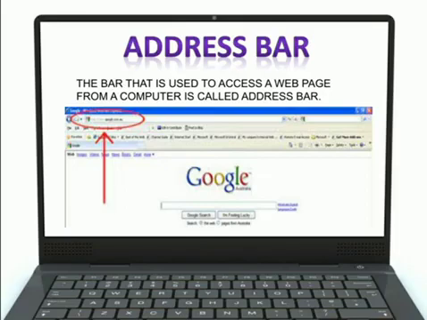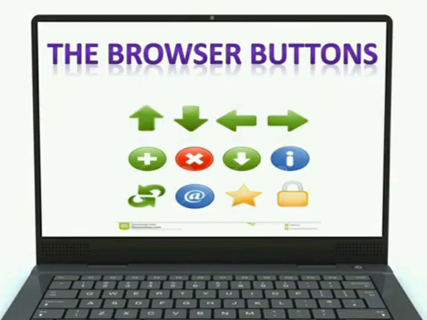In fact, a web page address is also called the domain name and URL. For searching any information using search engines, we have to put appropriate keywords in the address bar to search in the search engine.